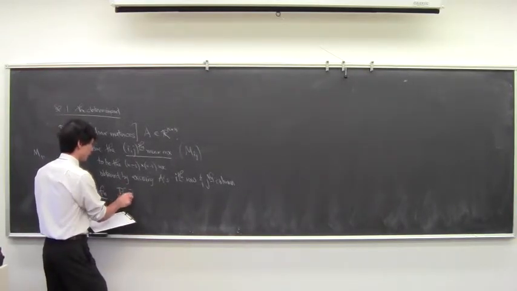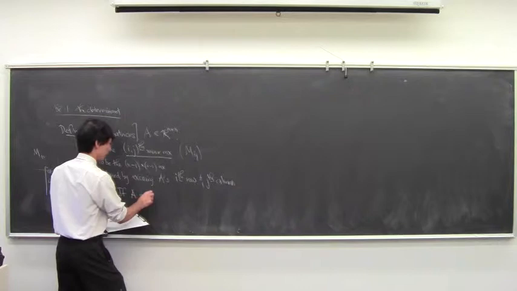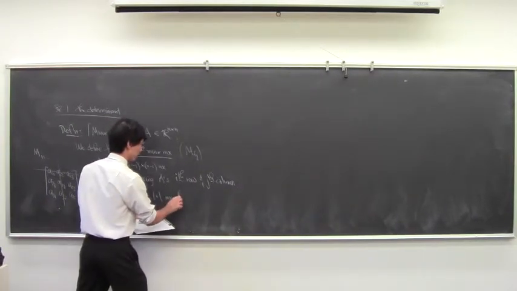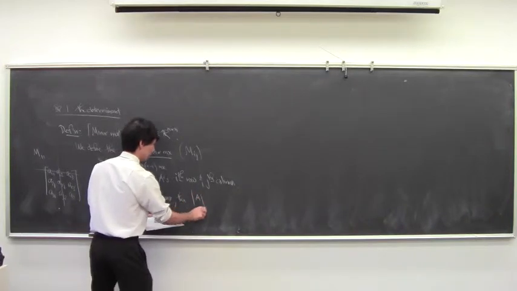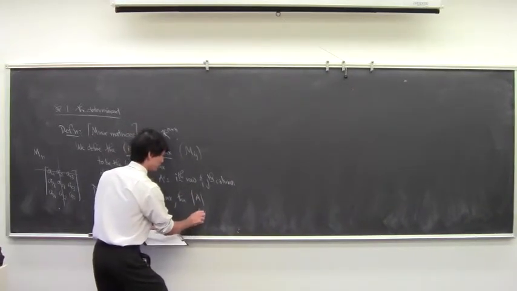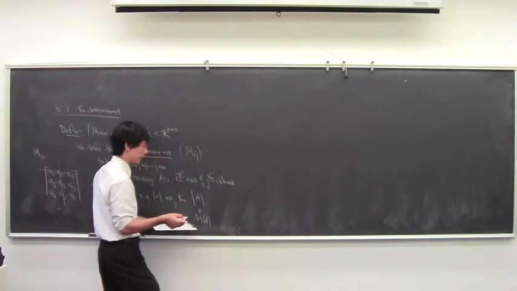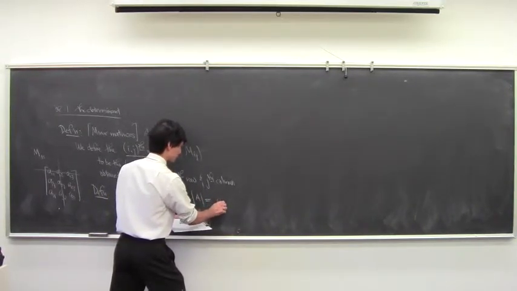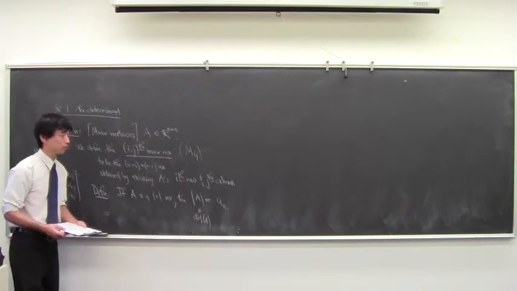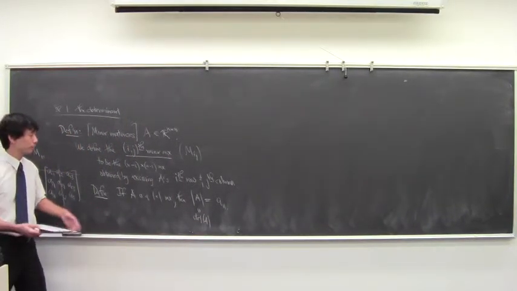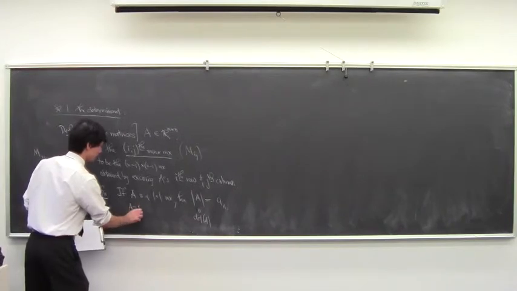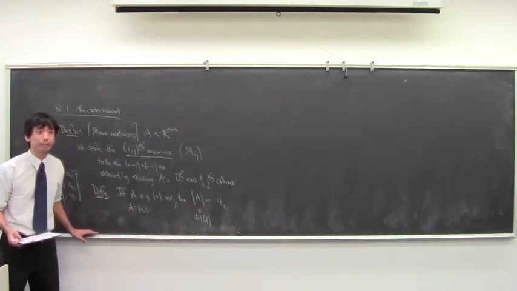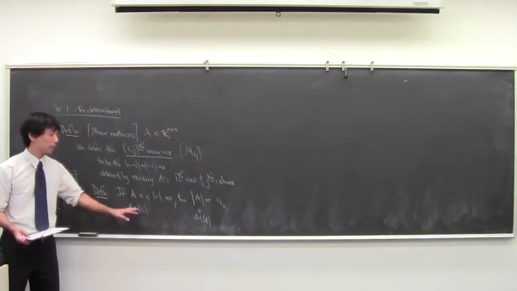If A is a 1 by 1 matrix, then the determinant of A, which we will sometimes denote as det A or absolute value of A, is just the value of the entry. A is a matrix consisting of one entry. The determinant is just going to be that number.